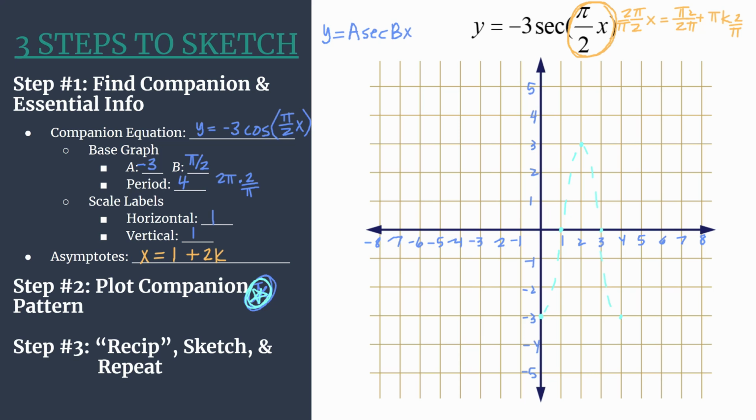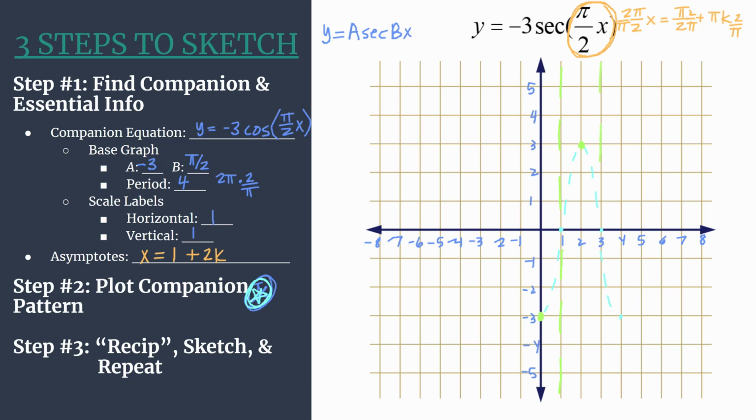So we can go ahead and do that here. We'll put some key points. So this minimum turns into our relative maximum. We know x-intercepts turn into vertical asymptotes. So here you see there's that vertical asymptote we predicted when k was 0. Our maximum of a companion pattern will be our local minimum point.